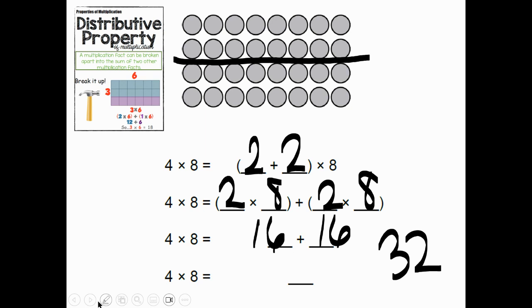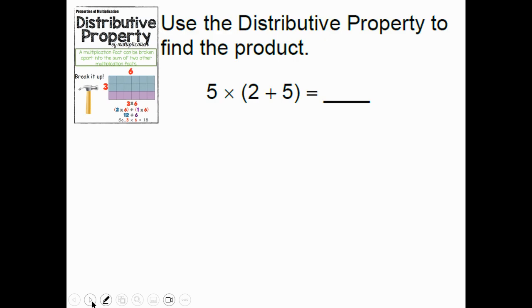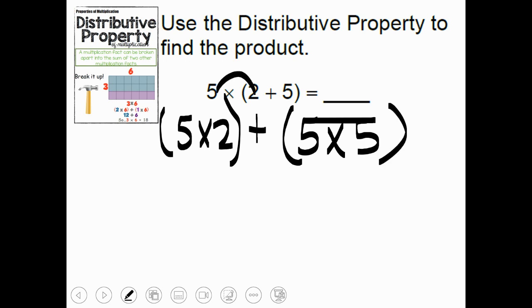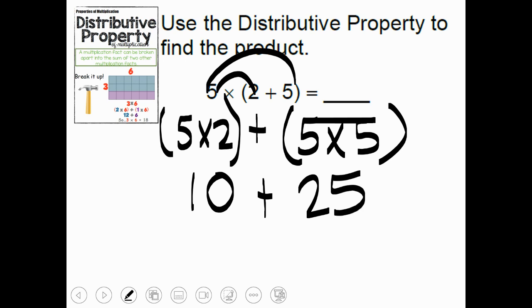Let's try another one. I'm going to use the distributive property. I don't have an array, and I can draw an array if I want to, or I can just do the next step, which is to multiply the 5 times 2 and 5 times 5, because it has to talk to this number and also to this number. 5 times 2 is 10. 5 times 5 is 25. 25 plus 10 is 35.